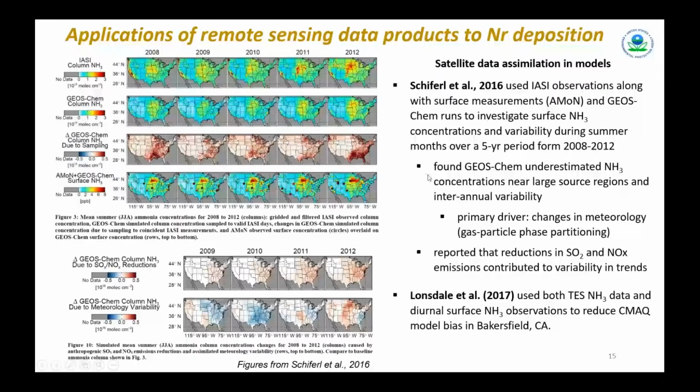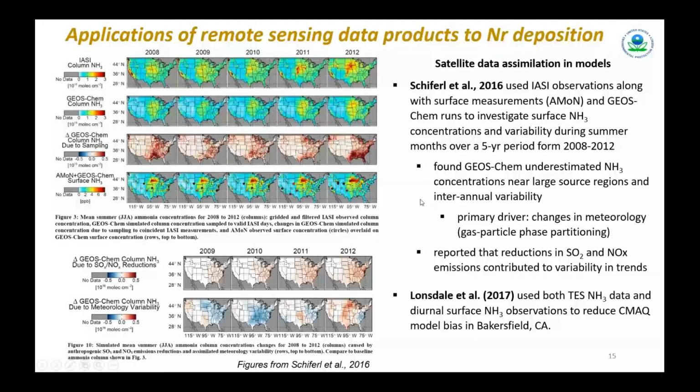I did want to make a point. I'll quickly go through this because I'm going over time. But Shiferl et al. used satellite and surface observations with GEOS-Chem, and they're able to analyze 5-year periods. They found that there's underestimation of ammonia around source regions.